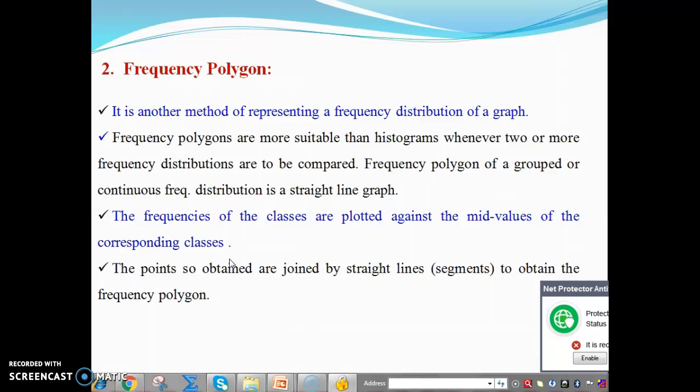The figure so obtained is called a frequency polygon. This is very important. This is also very important. It is another method for representing a frequency distribution graphically.